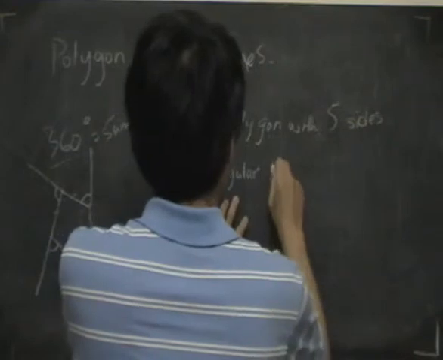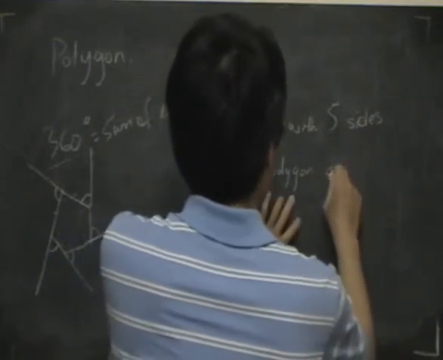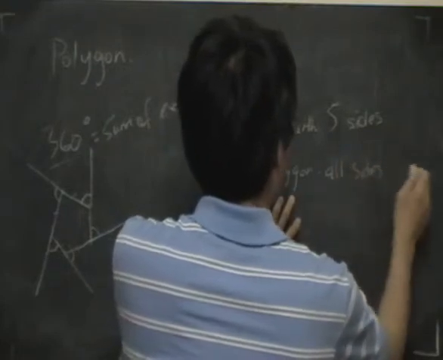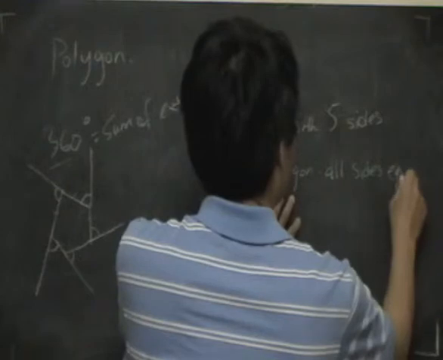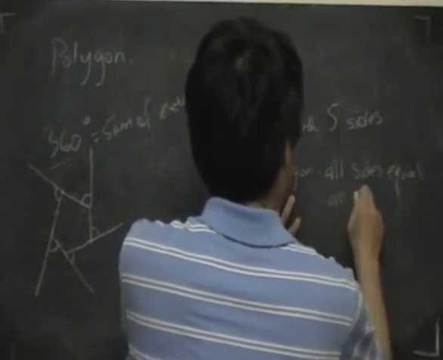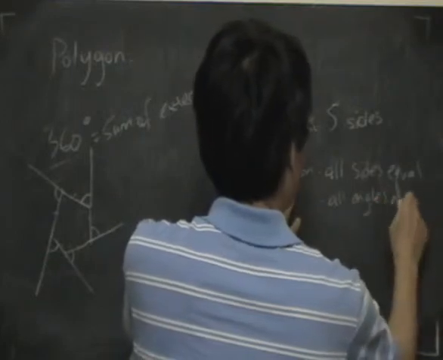A regular polygon means that all sides are equal and all angles are equal.